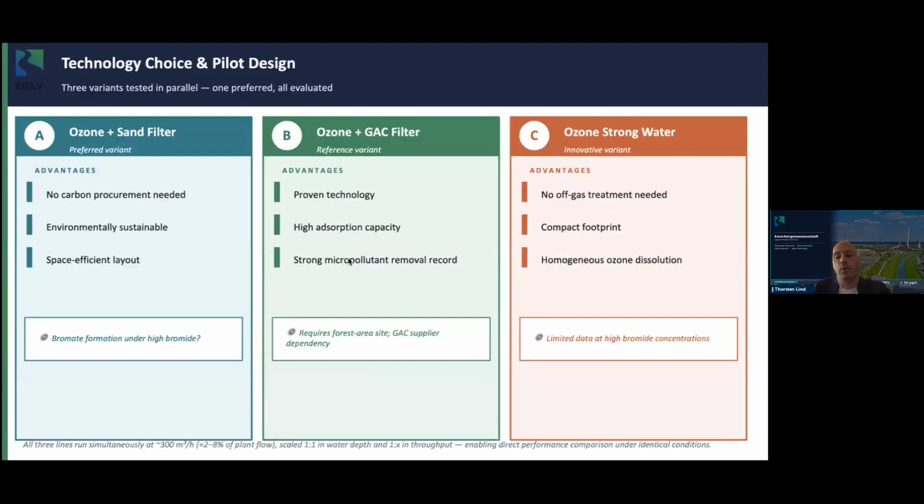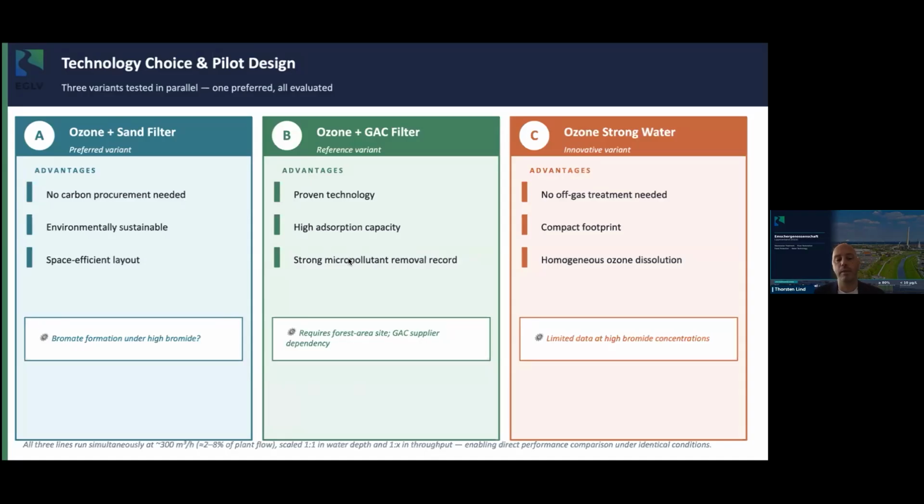So we thought we should test that first because the large-scale quaternary treatment will cost something between 150 to 200 million. This is very substantial money that will come from our members. And so the idea is we first do a pilot project that covers about 3% of the usual wastewater.